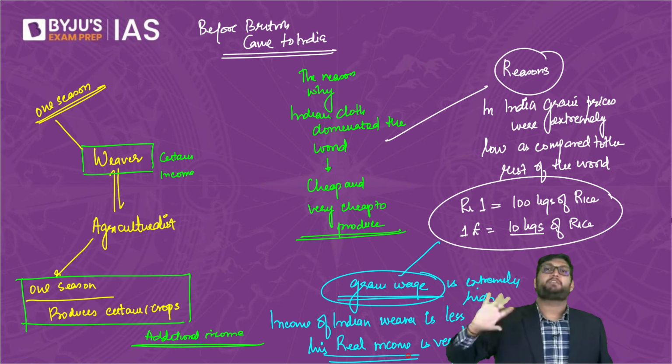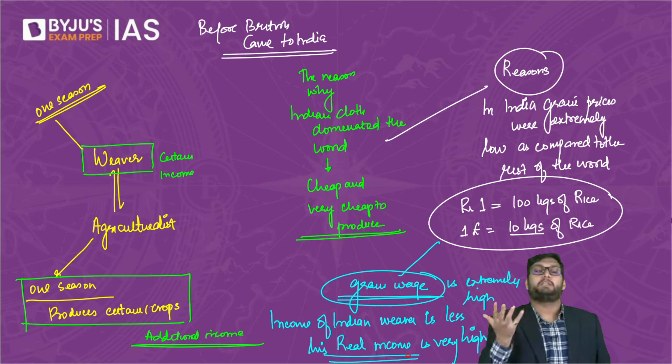So you try to parity it by looking at what commodities we can buy.